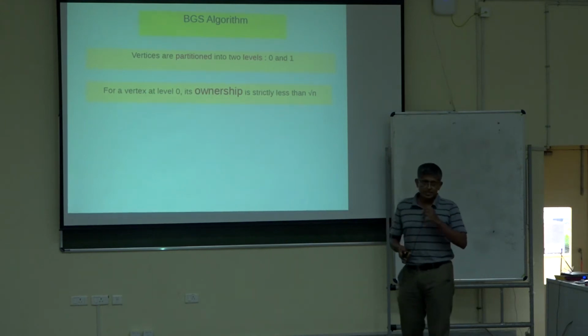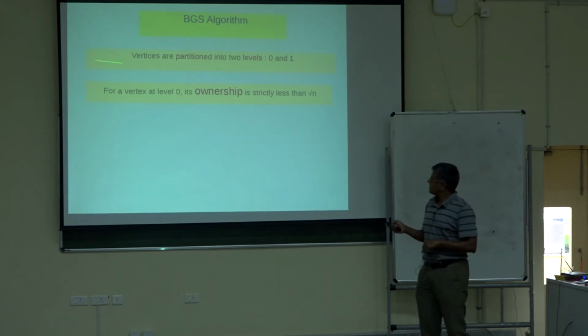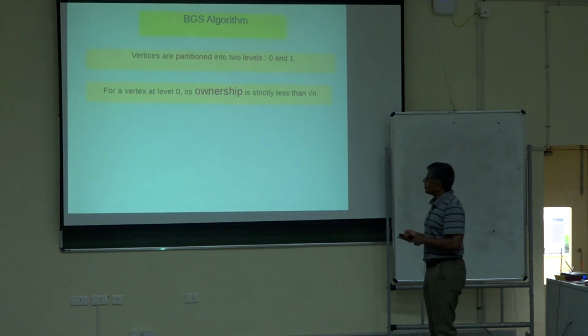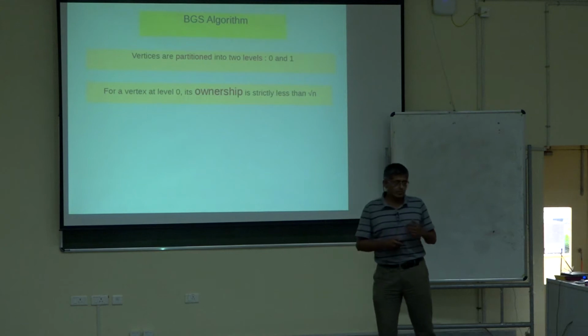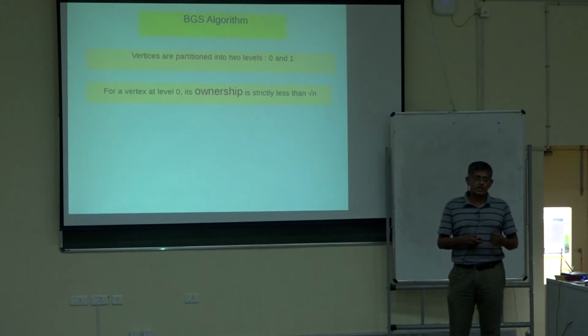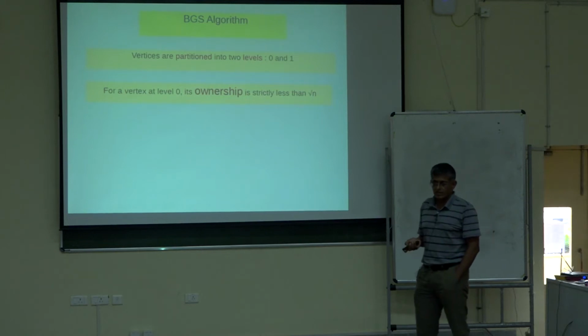One parameter is the neighborhood search that you will do. The other parameter is the number of times you will do an expensive search. And we will argue that the number of times you will do an expensive search is bounded by the number of edges a vertex owns.